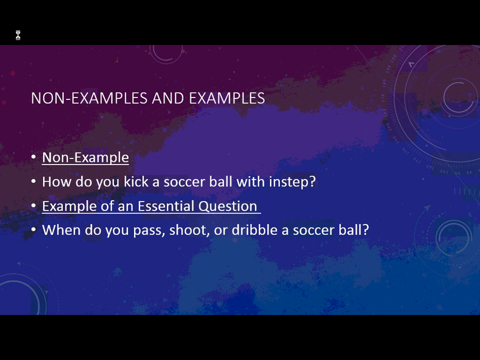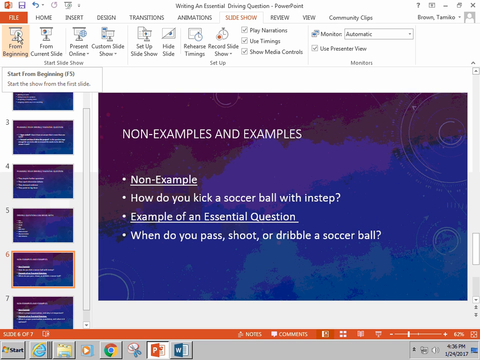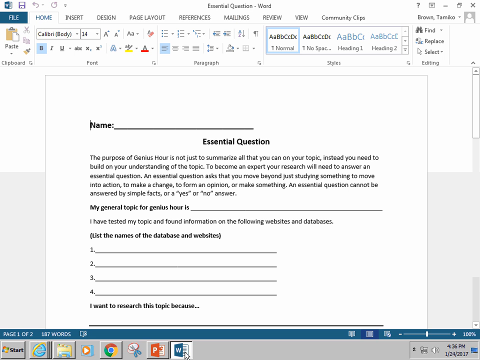Now, I want to show you a sheet that I've given all students to help them with their Genius Hour project. So this says, the purpose of Genius Hour is not to summarize all that you can on your topic. Instead, you need to build on your understanding of the topic.